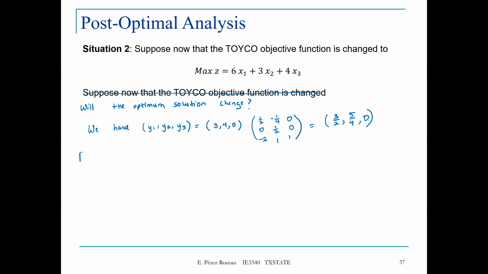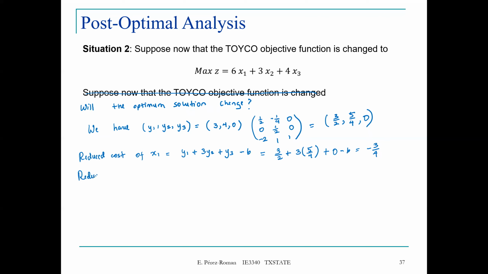So we now compute the reduced cost for the non-basics. The reduced cost of x1 is going to be equal to y1 plus 3y2 plus y3 minus 6, which is equal to 3/2 plus 3 times 5/4 plus 0 minus 6, and this is equal to minus 3/4.